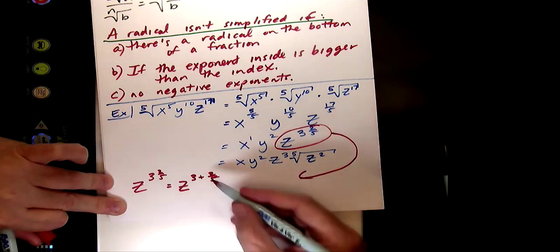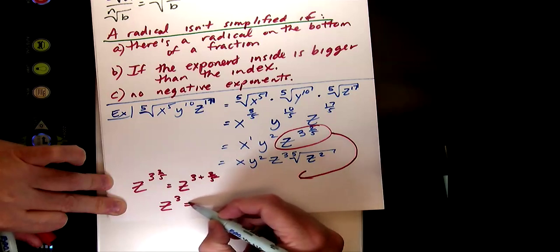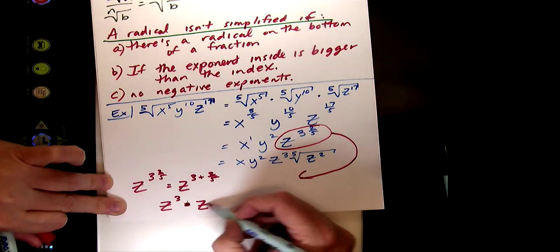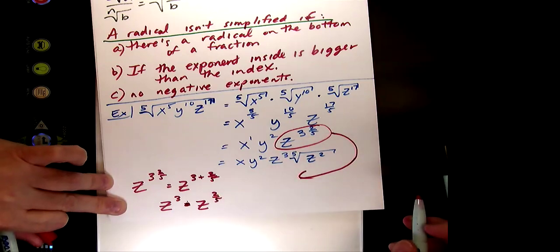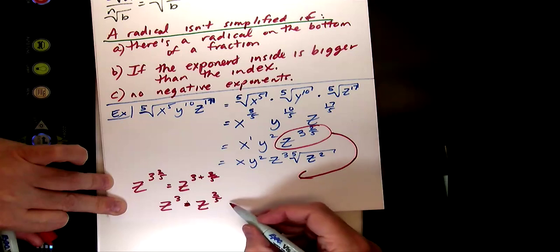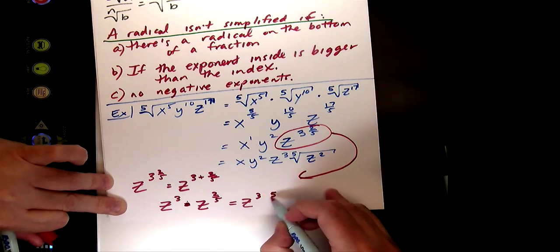And when we have exponents added, it means we can separate it by making a multiplication between them. So z cubed stays as is. The z to the 2/5 is the 5th root of z squared.